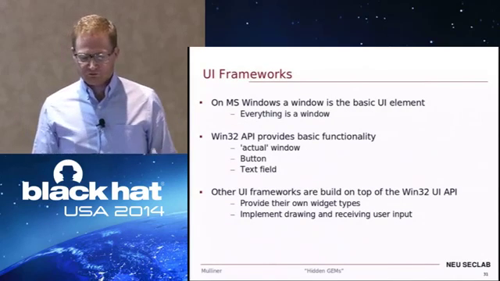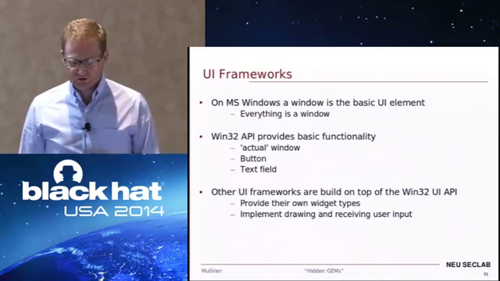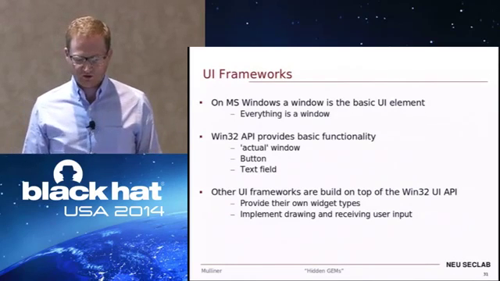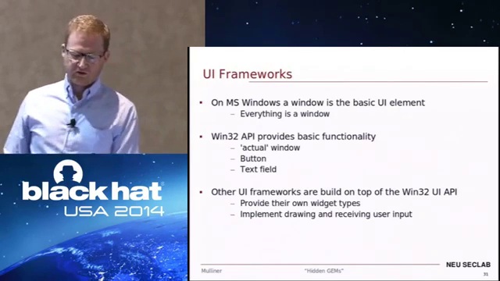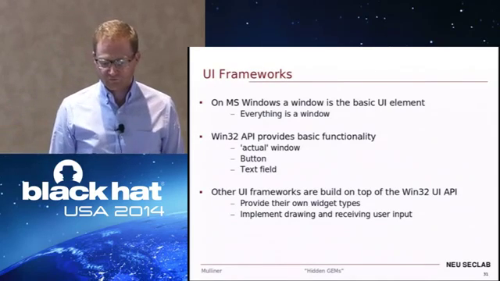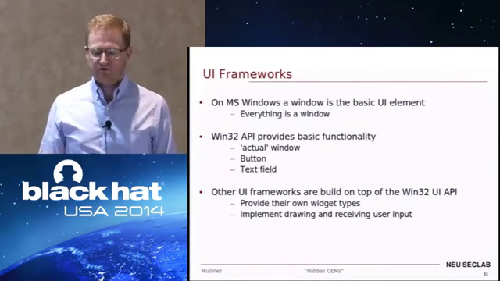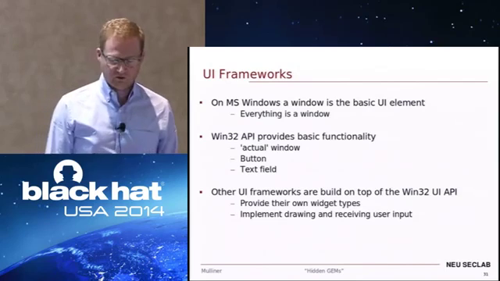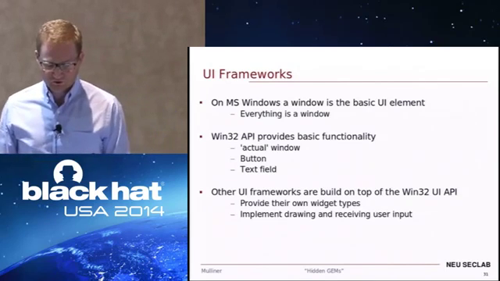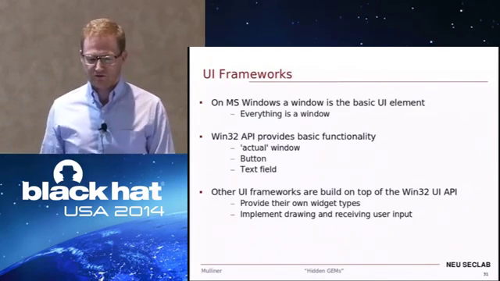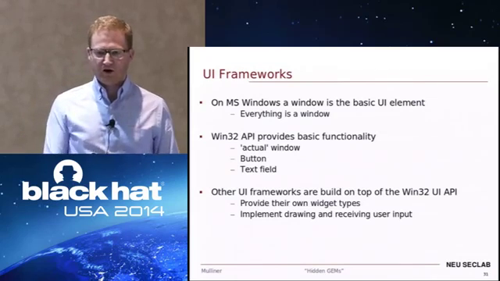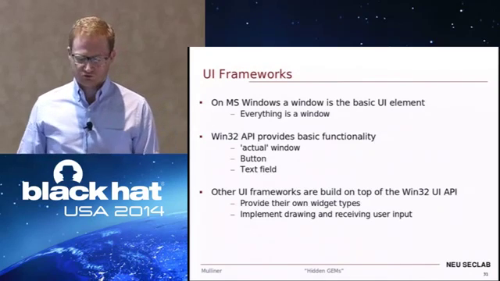So a little bit more background on UI frameworks. As I said in the beginning, on Microsoft Windows, every basic UI widget is called a window, and basically everything is a window. A button is a window, an actual window is a window, a text field is a window. And it has very basic functionality, like hide and draw into it.